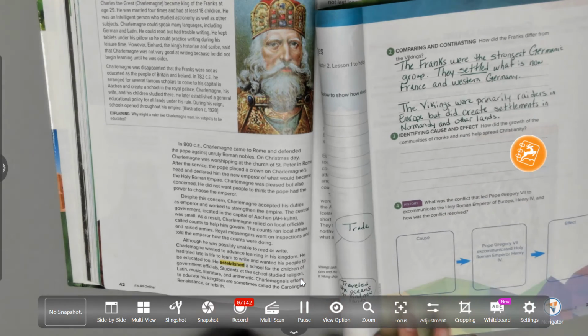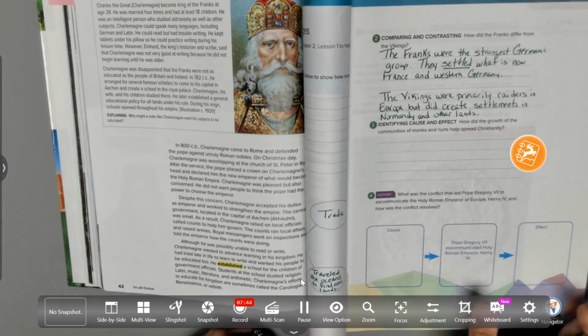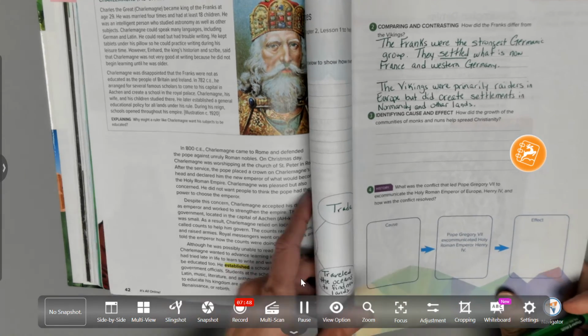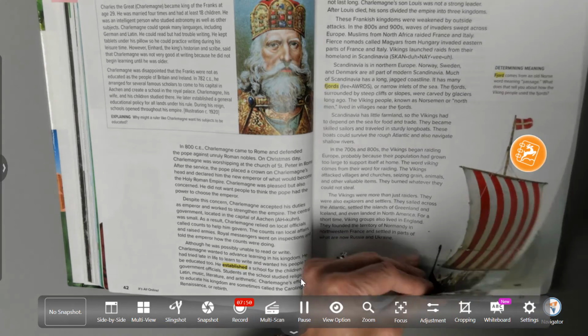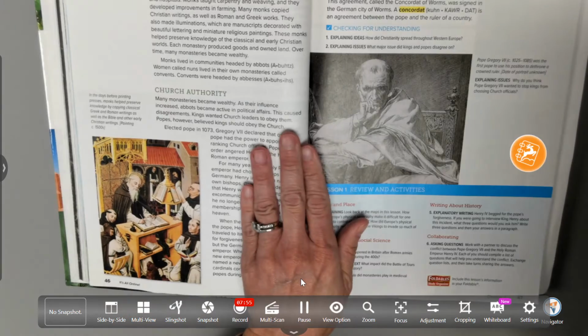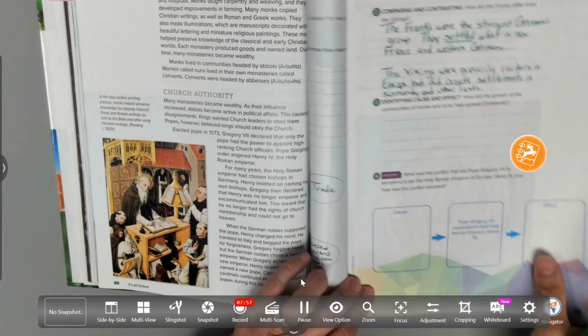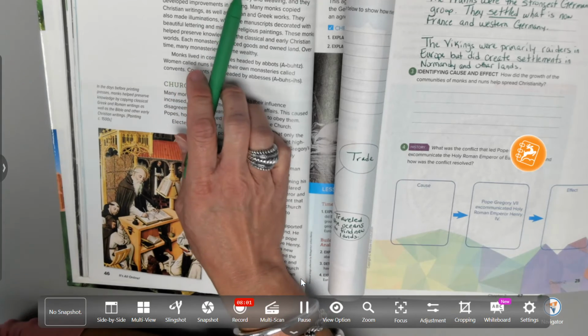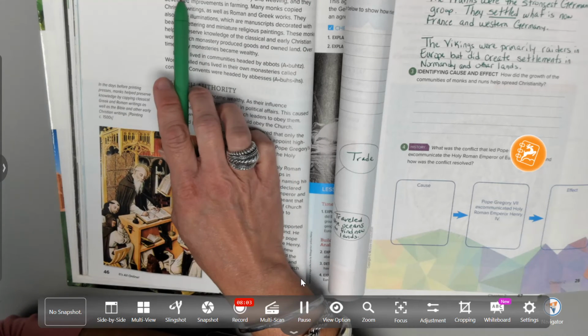Okay. All right. Question number 3 said, how did the growth of the communities of monks and nuns help spread Christianity? Well, it talks about monks and nuns on page 46. So if you look at those two paragraphs, it says monks lived in monasteries. Monasteries served as schools and hospitals.